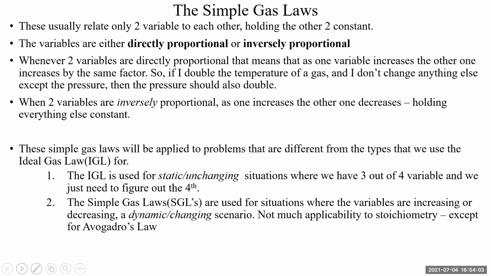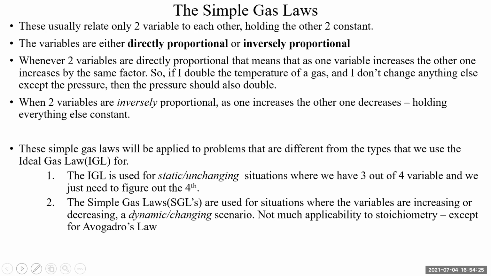So for example, in the case of Boyle's law, which relates pressure and volume, you might have a gas at a particular pressure and a particular volume. If you change the volume, you look at what changes with respect to the pressure. You look at how the pressure changes. So you are not maintaining constant values for the variables that you are comparing.